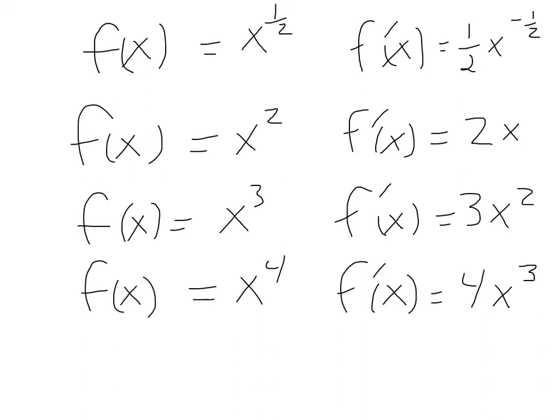X to the 1/2 power, in other words, is also known as square root of x. And so Isaac Newton found out that the slope of square root of x is 1/2 x to the minus 1/2 power. Now, if you are a person that loves puzzles and are mathematically inclined, you should stop.